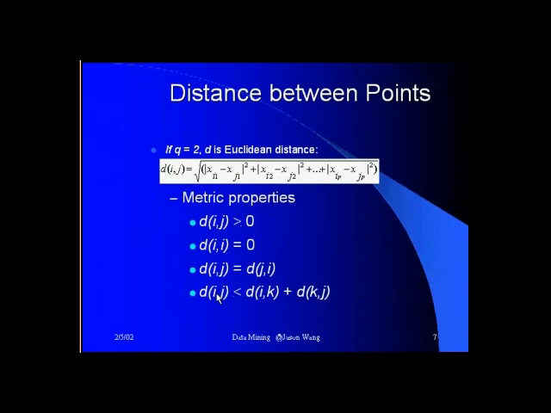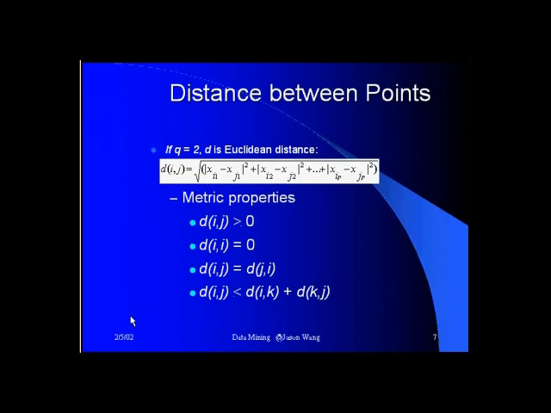Because if you look at this formula in a different direction, the formula says the distance from me to her is less than or equal to the distance from me to you plus the distance from you to her. Looking at it in a different direction, the distance from me to you should always be greater than or equal to the difference between the other two distances.